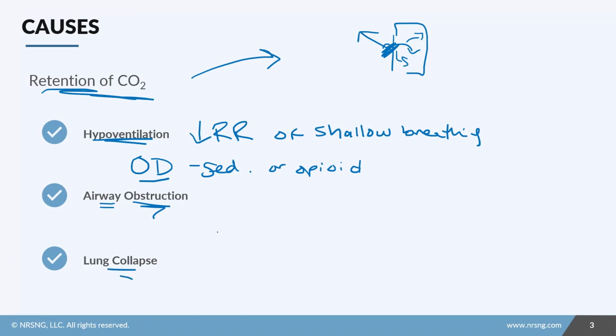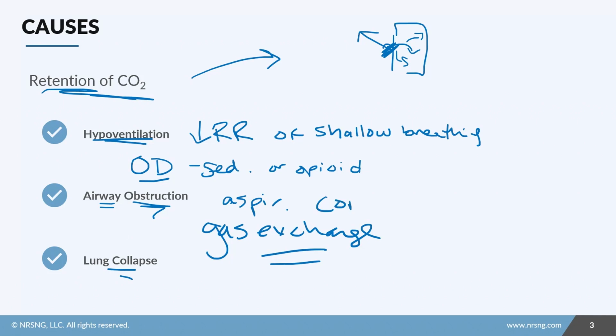Now, remember, it's all about gas exchange. So anything that's going to prevent proper gas exchange could cause us to retain the carbon dioxide. So this could be things like aspiration or COPD or asthma or even bronchospasm that obstructs that flow.